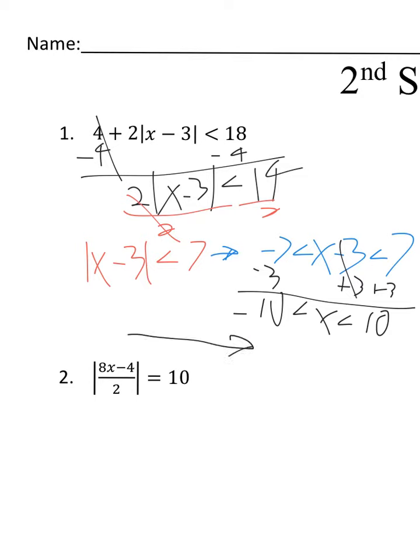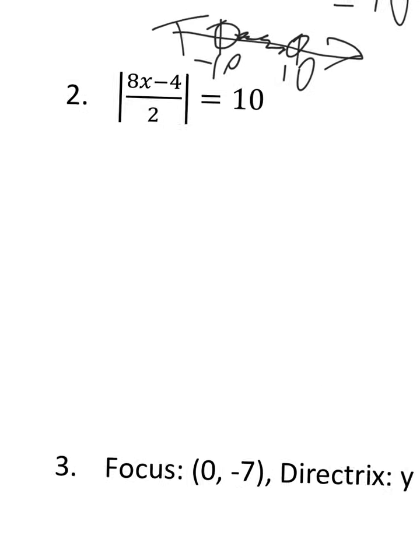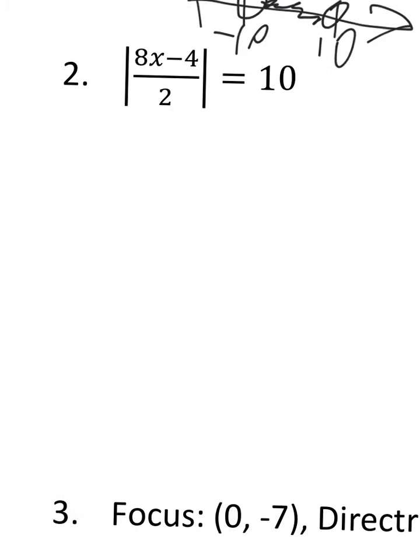In your number line graph, you would have a negative 10 and a positive 10 with open circles there, and you'd be shading in the middle. You only have to do that shading stuff if it's an inequality. Like this one is just an equation.